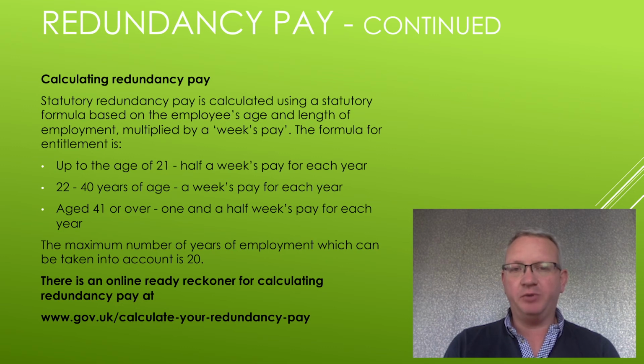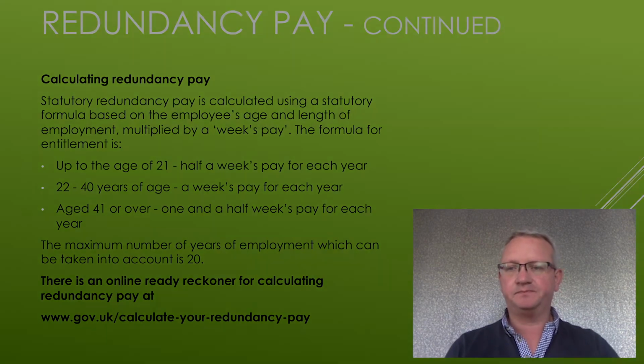Age 41 and above, 1.5 weeks' pay for each year of service. The maximum number of years of employment which can be taken into account is 20. There is an online ready reckoner to calculate redundancy pay on the gov.uk website. Simply use your search engine to find this.